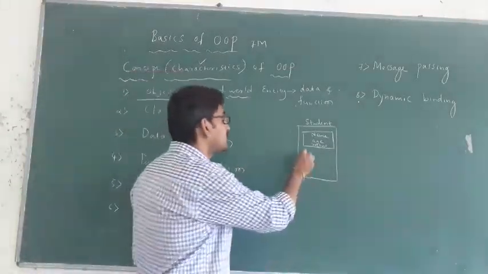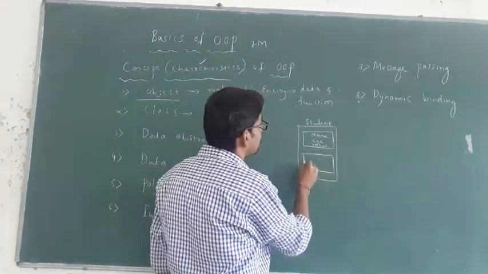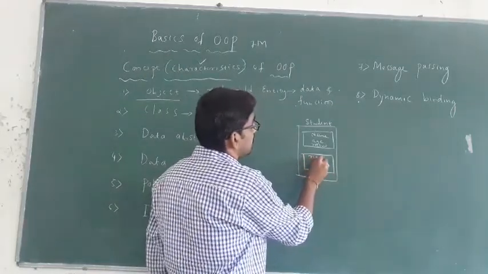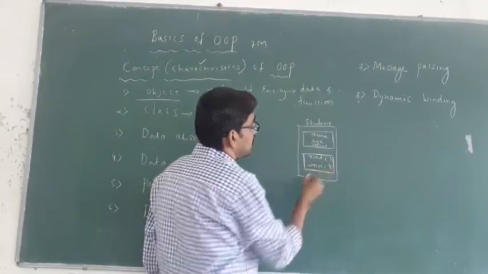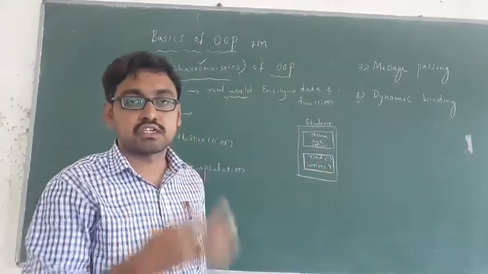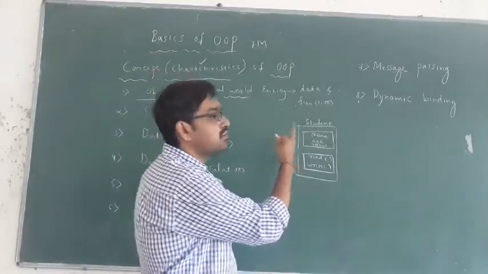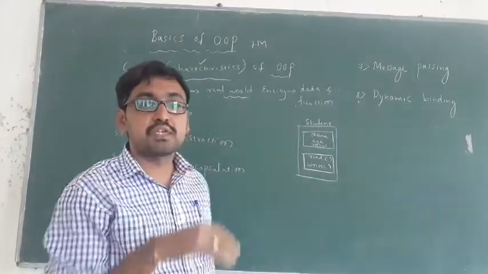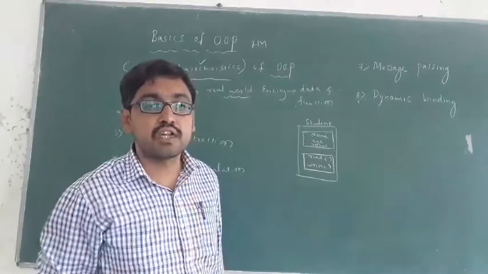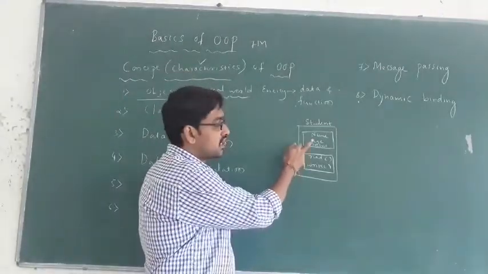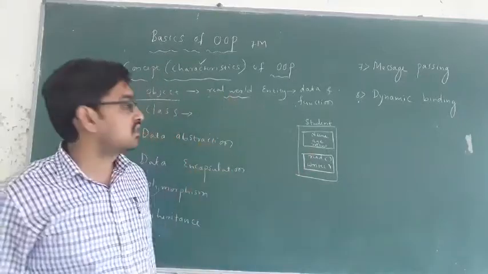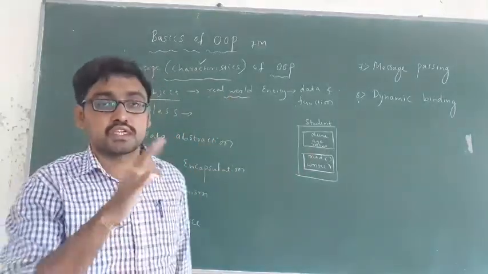Then what are the functions of a student? Read is one function, and write is also one function. This is one object. An object is a real world entity which has data and functions. That is called an object.